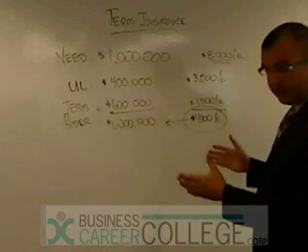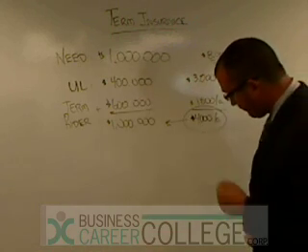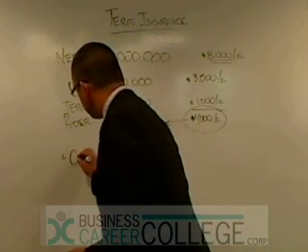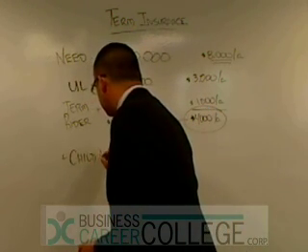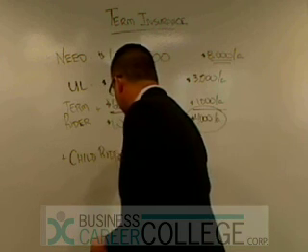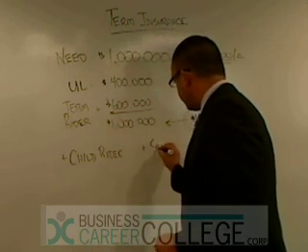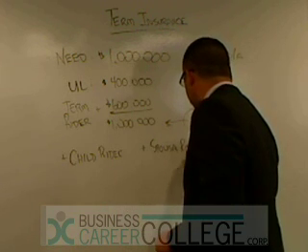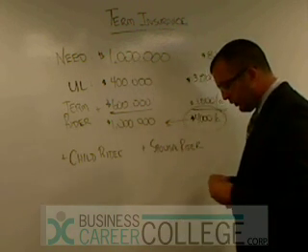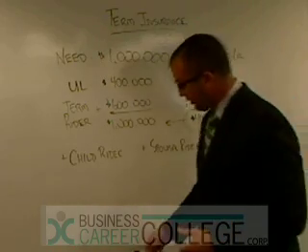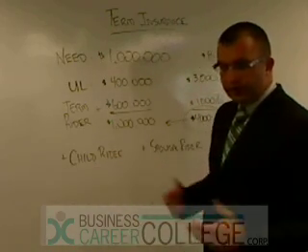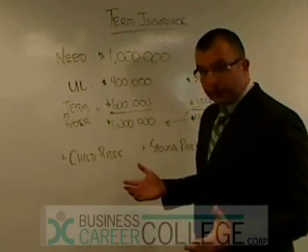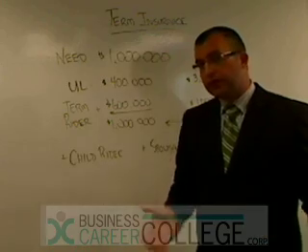Now, it's not the only type of term rider you'll see. It's also possible to add a child rider and a spousal rider. You'll find all kinds of variations on these ideas when you're out in the industry, but basically a child rider normally includes something like $25,000 of life insurance per child under the age of 25.